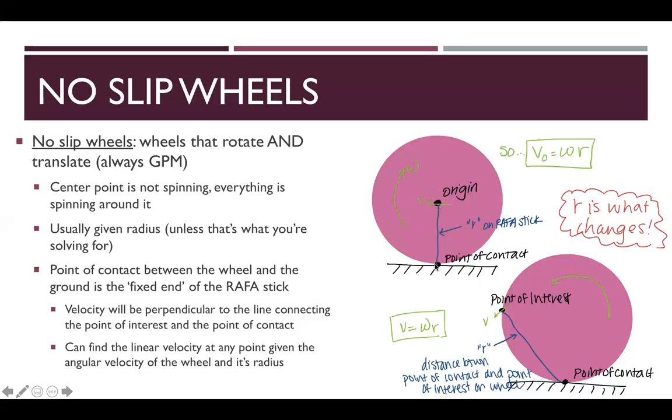If I was looking at the origin, this is my rafa stick, with an associated length. But if I was looking at the point over here, now this is my rafa stick. So that length changes. The only thing that changes is the r in this equation. That's the important thing to know.